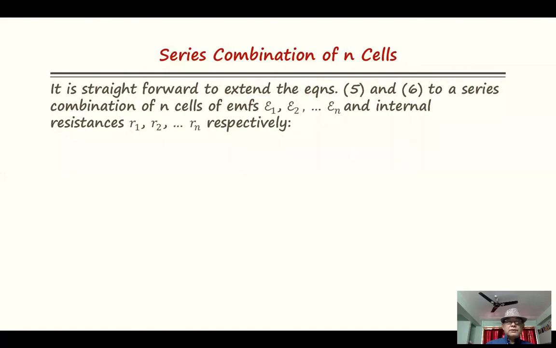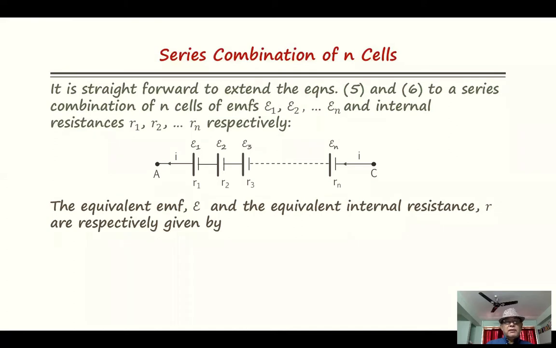Now, series combination of N cells. It is straightforward to extend equations 5 and 6 to a series combination of N cells of EMFs E1, E2, up to En, and internal resistances R1, R2, up to Rn, respectively.